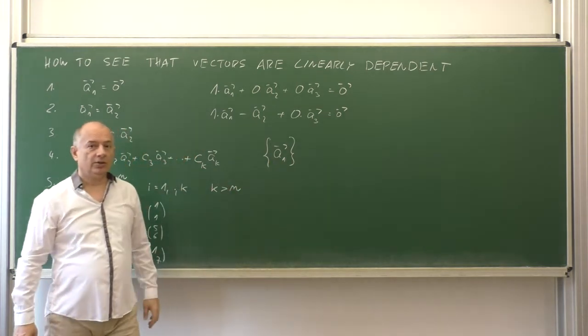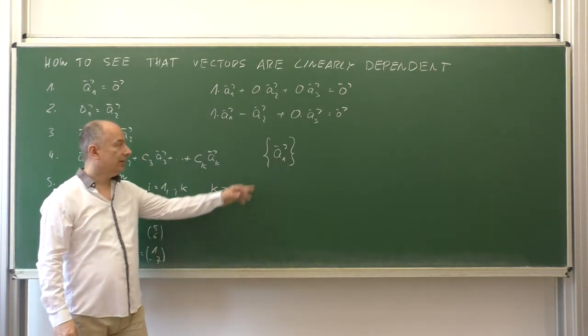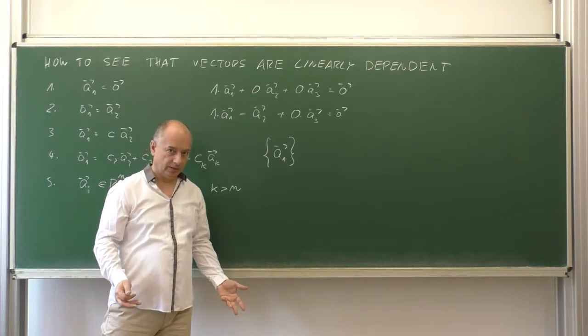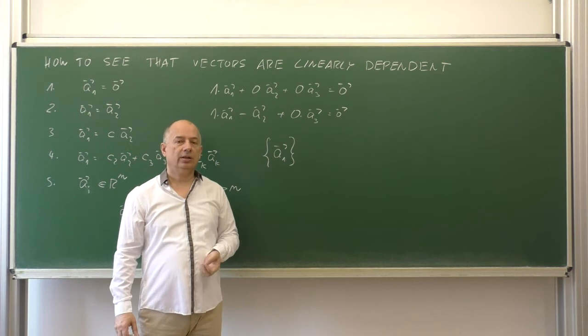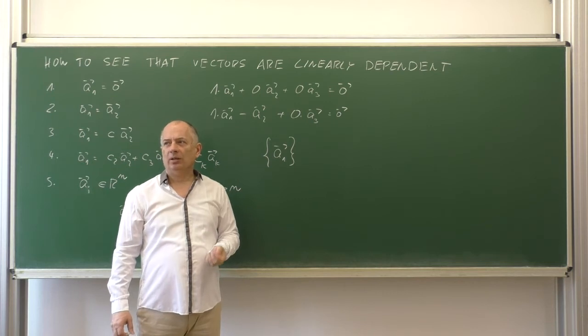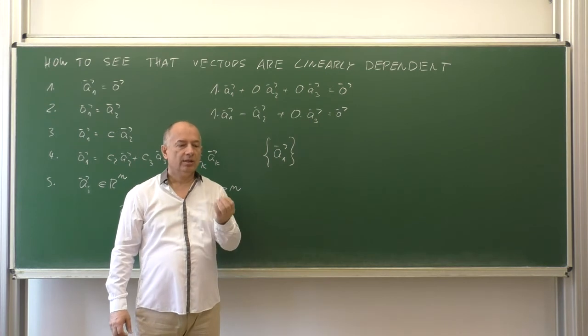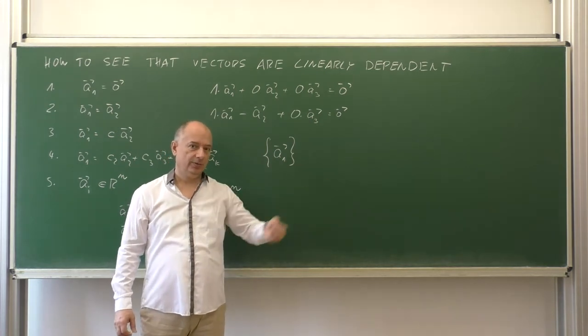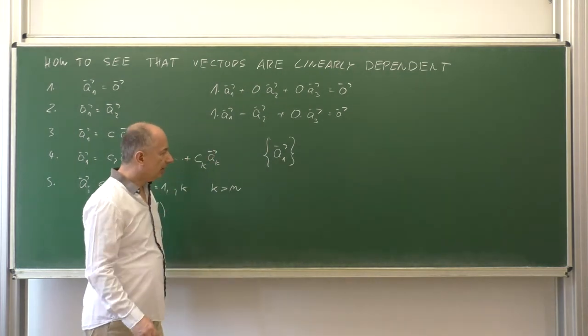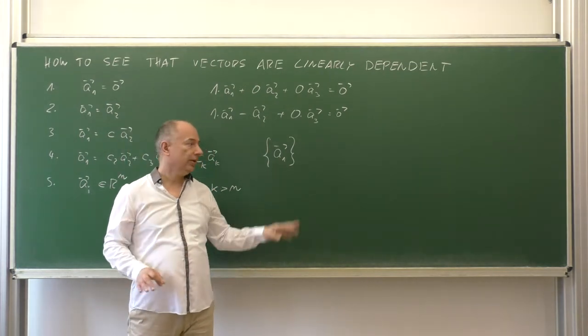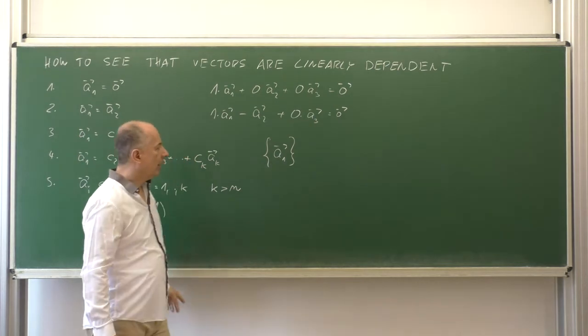Namely, if the vector is 0, then this set is linearly dependent, and if the vector is non-zero, this set is linearly independent. Here it is slightly misleading, because the term dependent in natural language means something depends on something else. Here we have just one single vector. But formally, in mathematics, this makes sense.